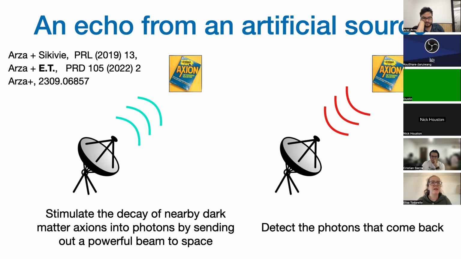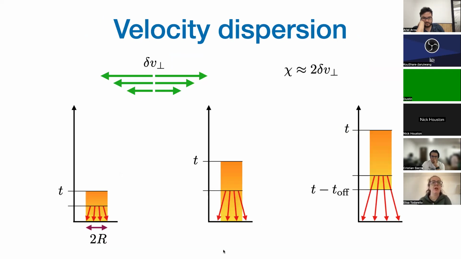There's dark matter nearby, some axions will decay, and because this is a stimulated decay, there will be an echo coming almost back towards the emitter, almost because of the momentum as usual. The issues regarding the relative velocity of the dark matter to us are the same as I discussed before.